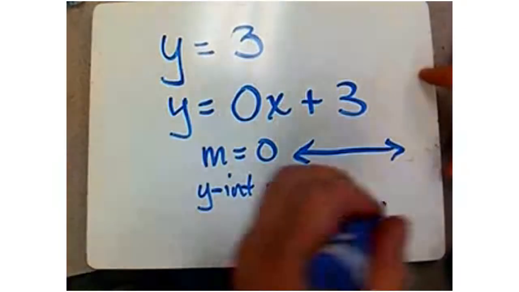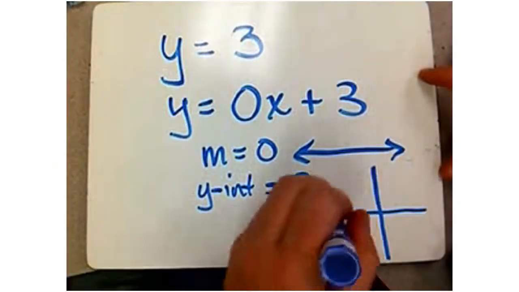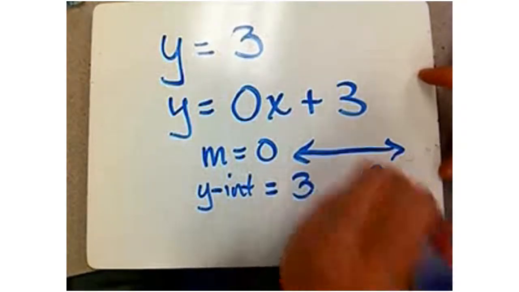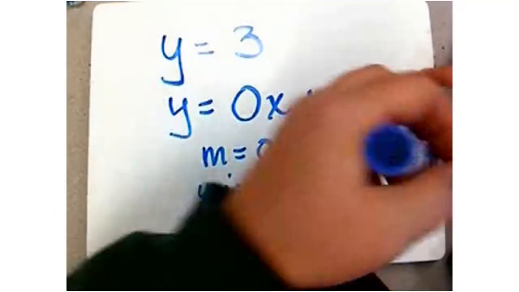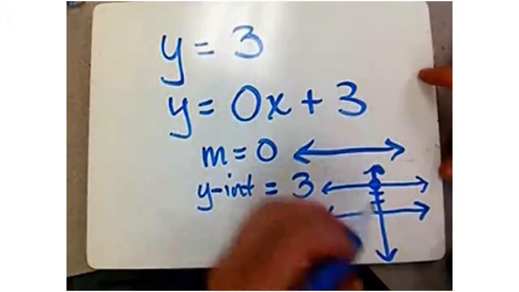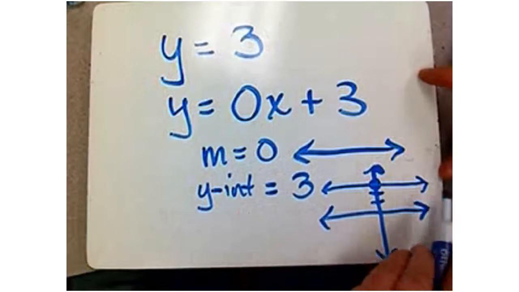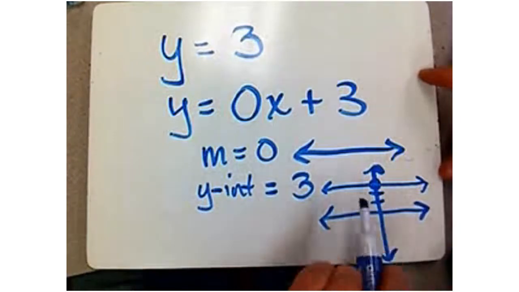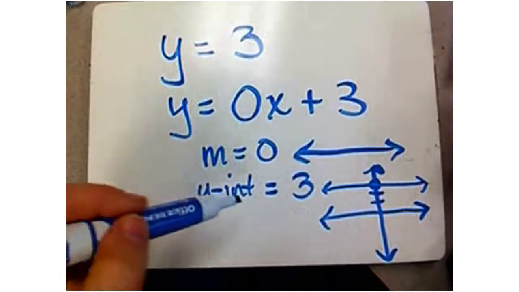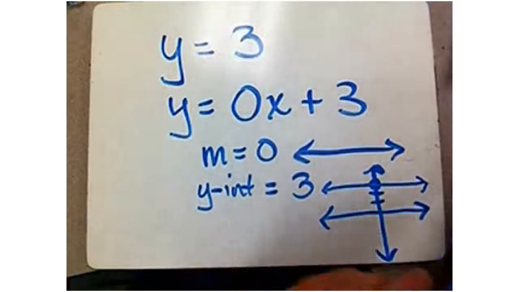So what that means on a graph is that on the y-axis, you make a point at 3, and because your slope is 0, it's a horizontal line, a flat line, a parallel line to your x-axis. You just draw a straight line east to west through the y value of 3, and the y value of 3 into infinity on the left, and y value of 3 into infinity on the right.